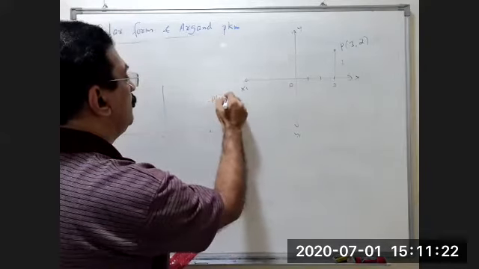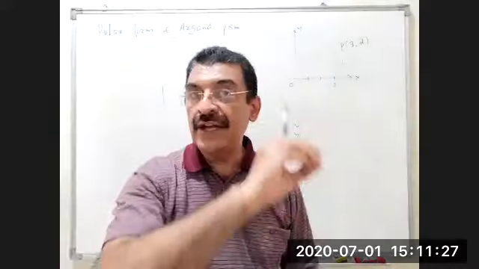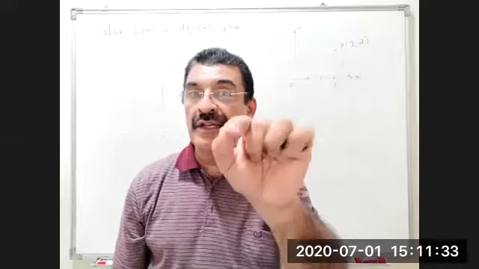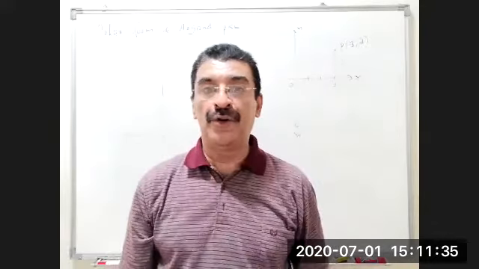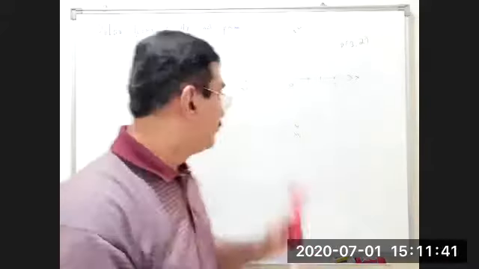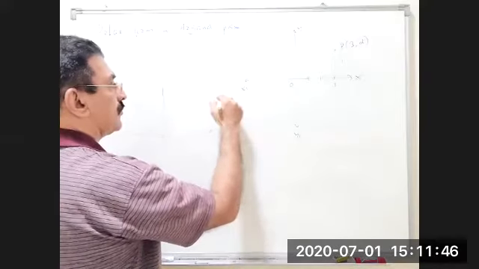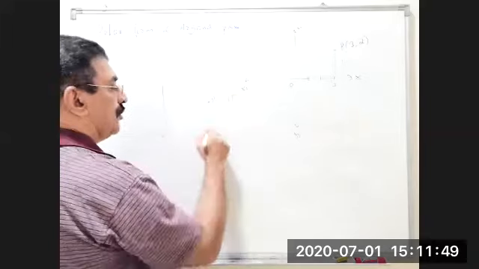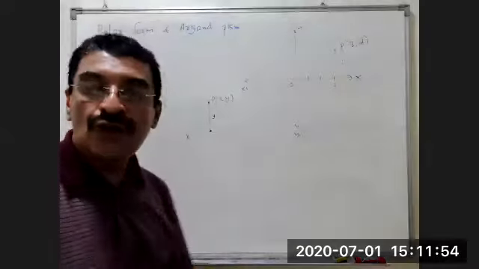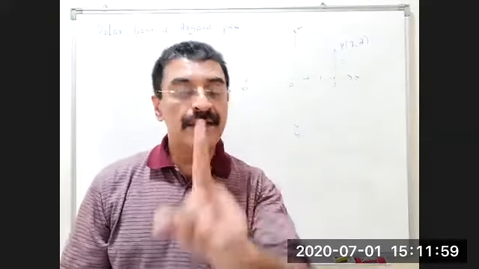This is 15, 10. So if I give the coordinates of a point, you can locate the point exactly. We get the position of that point. Generally, if the coordinates x, y are given, we can determine that point uniquely.